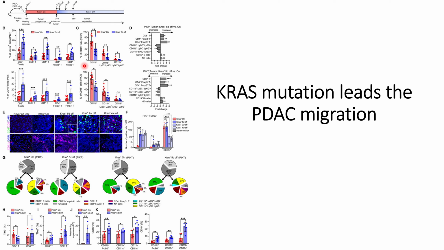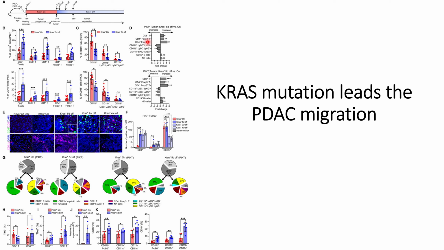And when they checked these myeloid cells, that is CD11b positive, CD11b positive Ly6C positive, Ly6G positive and other myeloid subpopulation cells, they can see that these tumor progression immune cells are more in the case of mice where KRAS is on, compared to the conditions where KRAS has been off by 5 days.